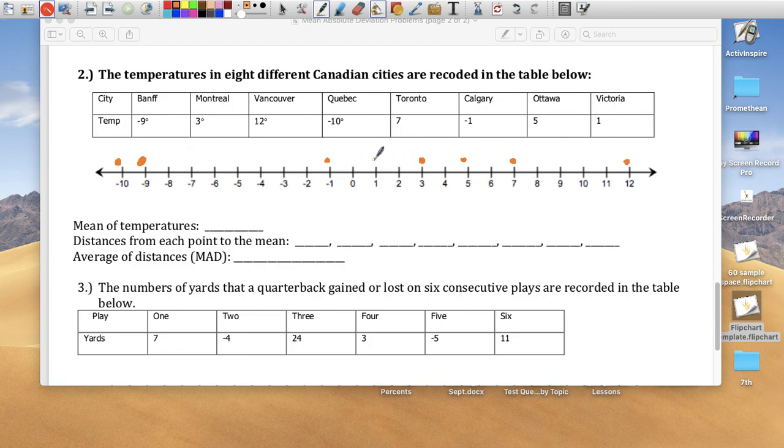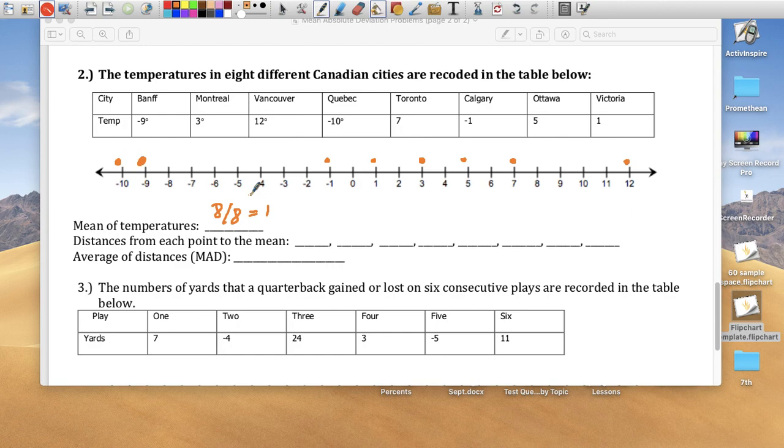Let's add those, and please make sure you add the negative 9 there. Negative 9 plus 3 plus 12 plus negative 10 plus 7 plus negative 1 plus 5 plus 1 gives me a total of 8. 8 divided by 8, so the average temperature was 1 degree.